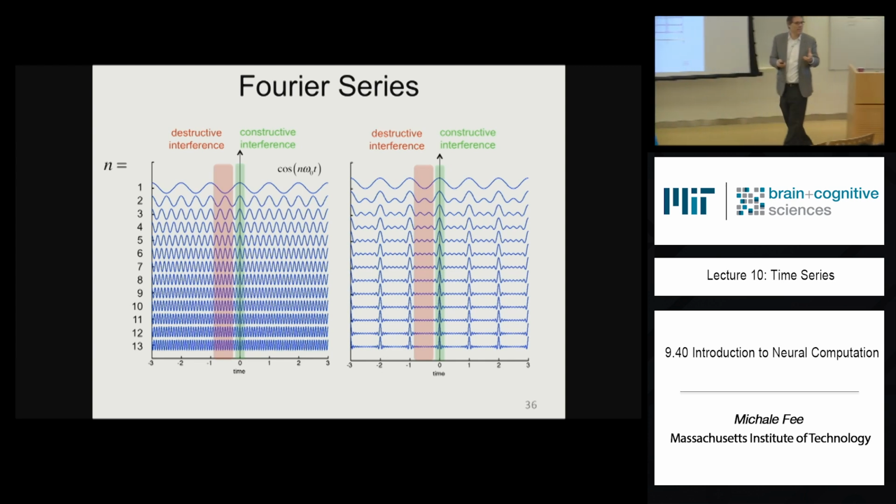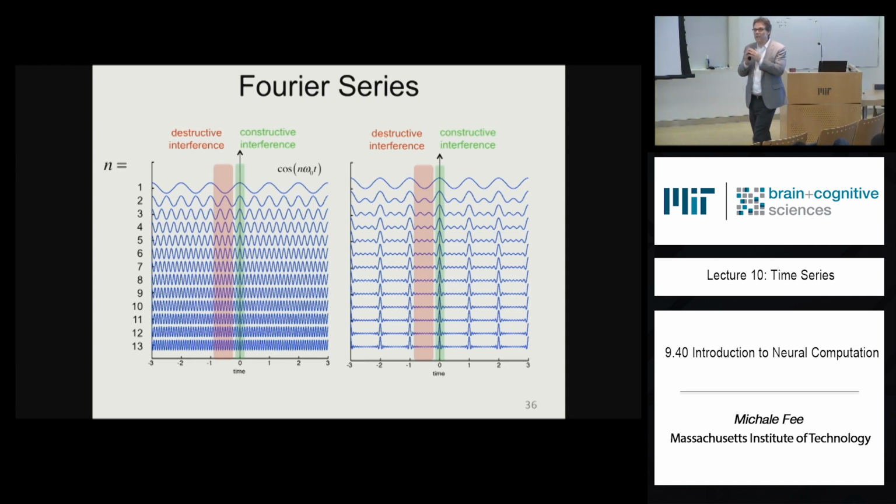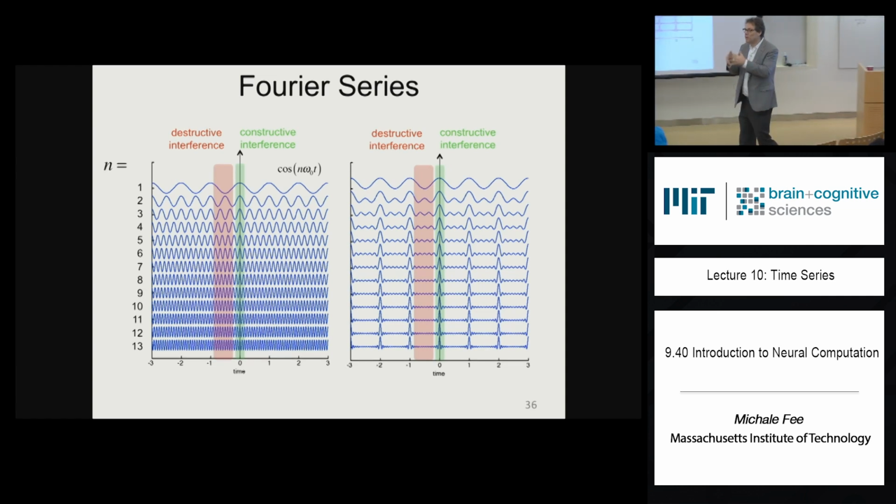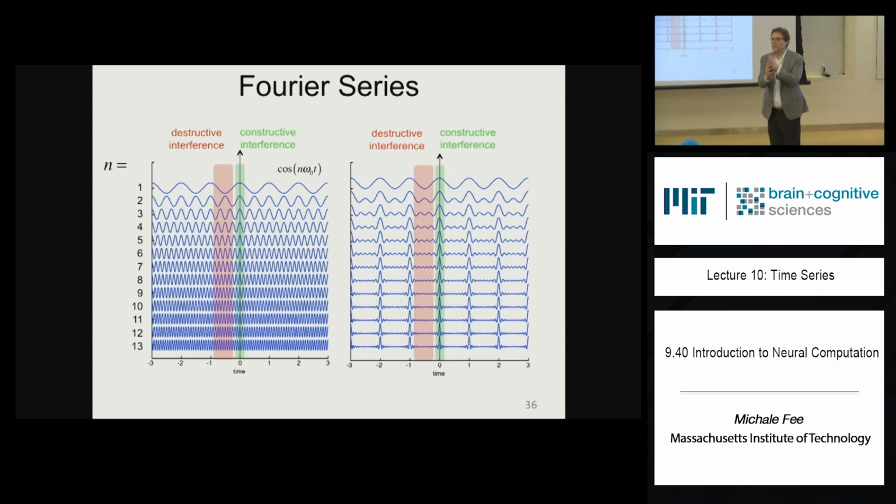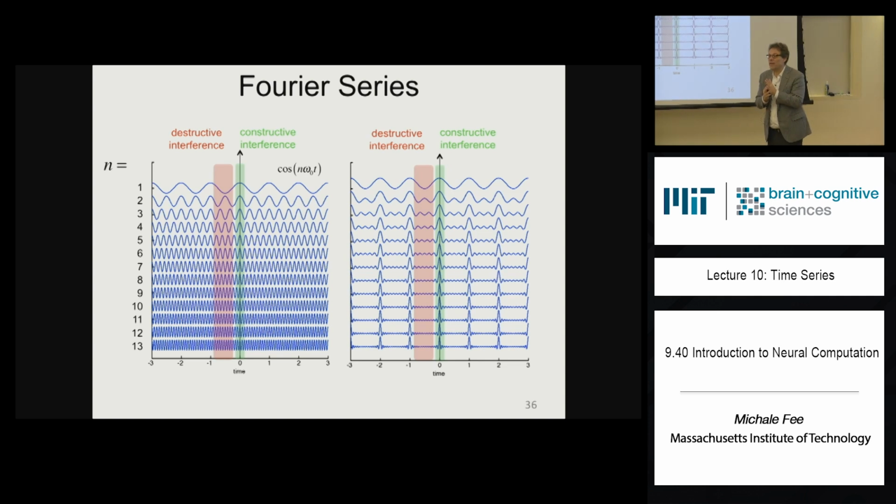So that's it. It's basically a way of taking any periodic signal and figuring out a bunch of cosines such that the parts you want to keep add up constructively, and the parts that aren't there in your signal add up destructively. And there are very simple mathematical tools.